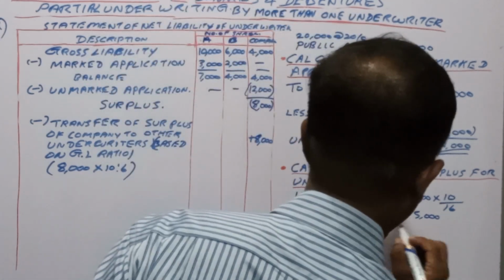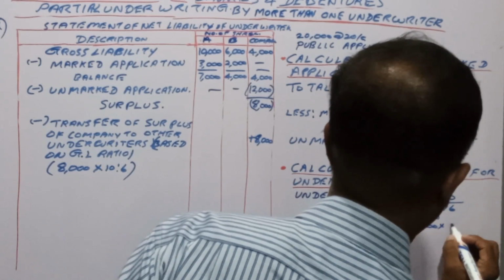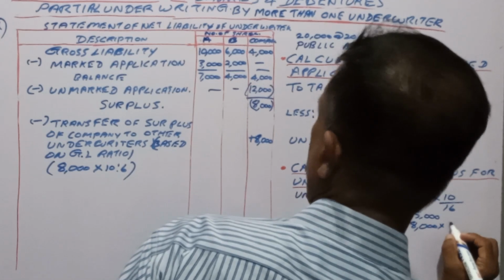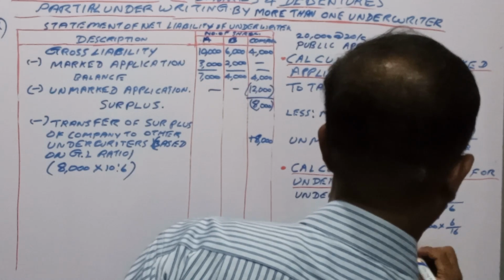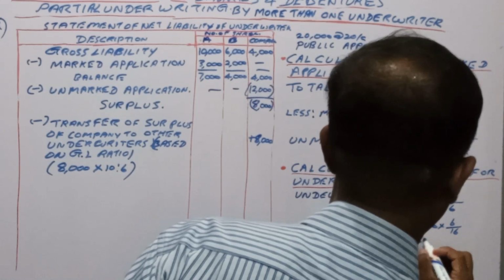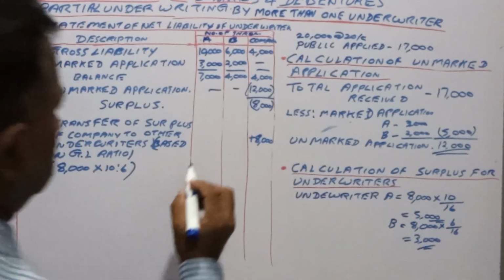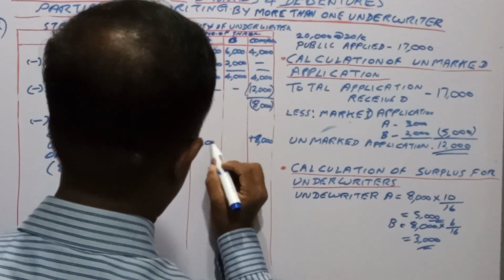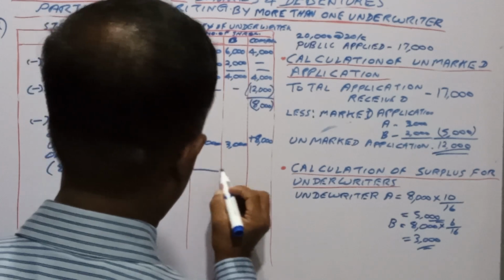Underwriter B is equal to 8,000 into 6 divided by 16, which is equal to 3,000. So 5,000 and 3,000.